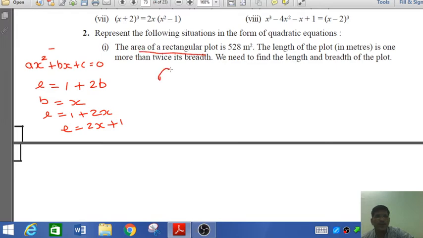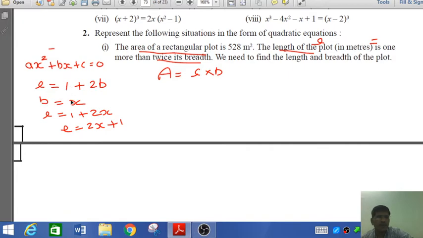Again I explain here, area is the area of a rectangle. The area of a rectangle formula is L multiplied by B. The relation is given, L is equal to 1 plus 2b.